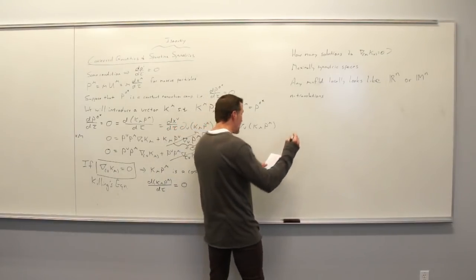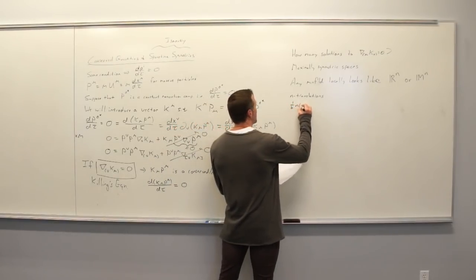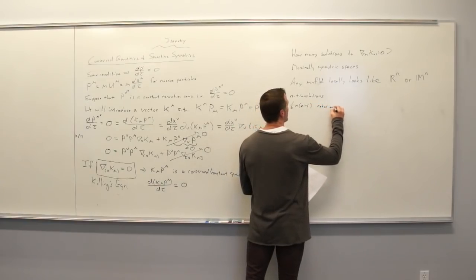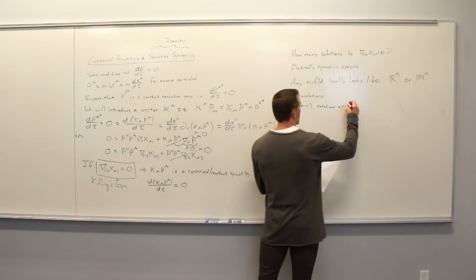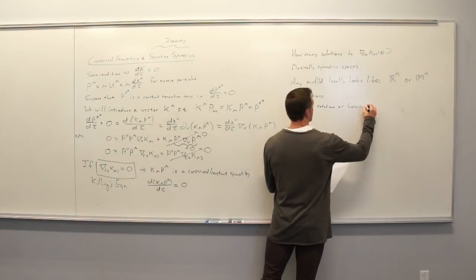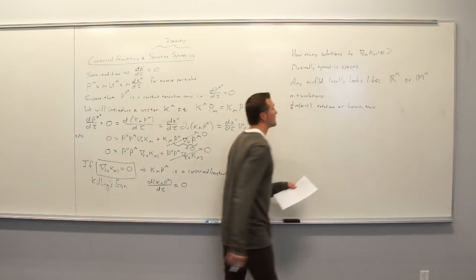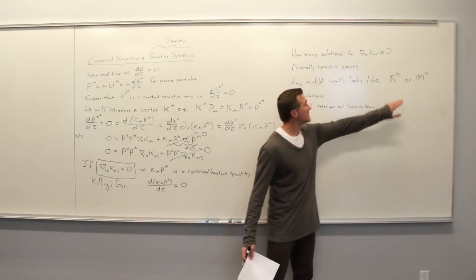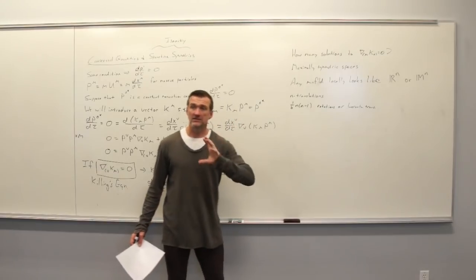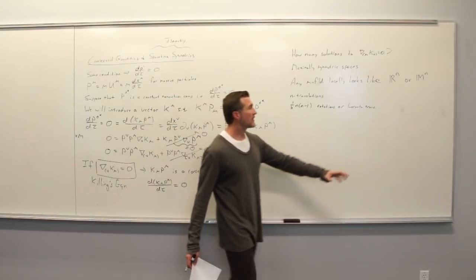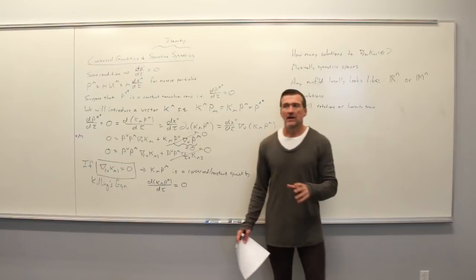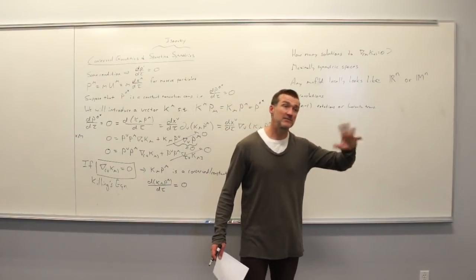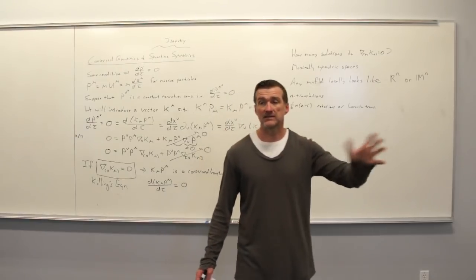And then you have 1/2 n(n-1) rotations or Lorentz transformations. If you're in a Euclidean signature space, then all you have is rotations. But if you're in a Lorentzian signature space, you have the Lorentz set of transformations, which includes rotations for the spatial directions and then boosts for the space-time.